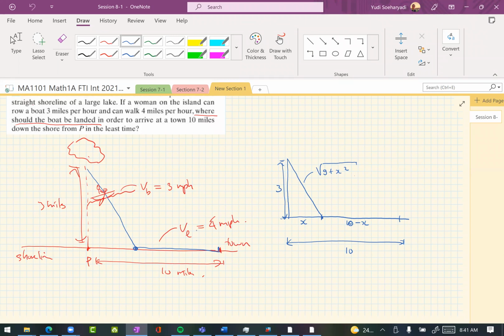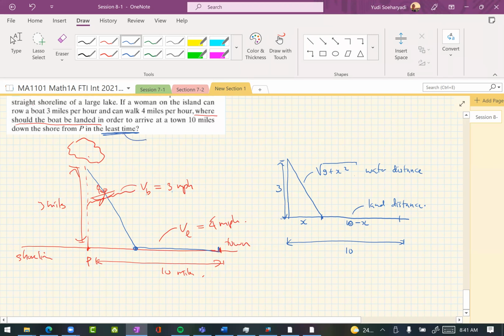All right. So this is the water distance. This is the land distance. This is the speed of the boat, 3 here, and this is the speed on land, 4. So we need to find the least time.